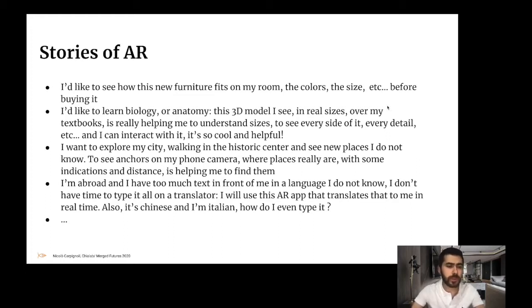So, for example, successful stories of AR are seeing how new furniture fits in a room, its colors and size, before buying it. Or imagine that you are abroad and you have too much text in front of you, maybe in a language that you don't know and that you find difficult even to type on your mobile to search for a translation. For example, a Chinese text, and you are a European.